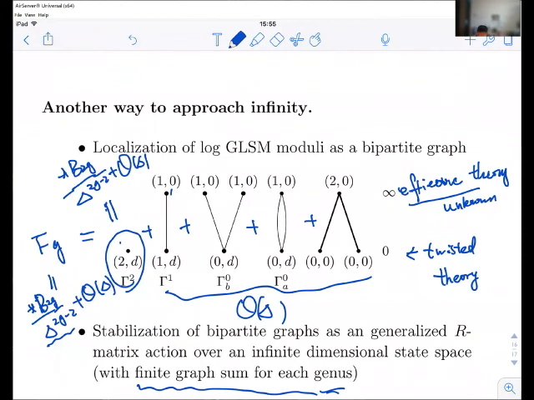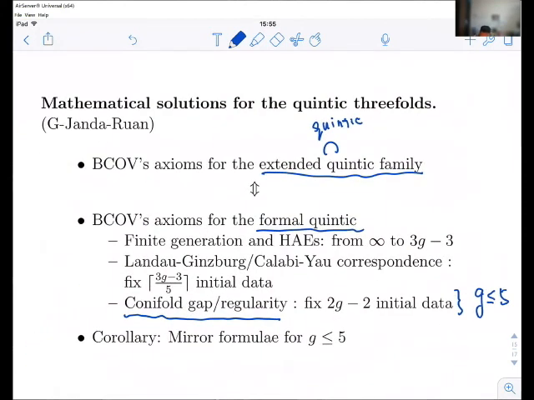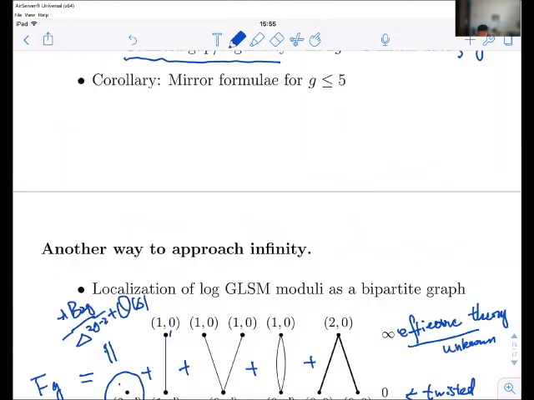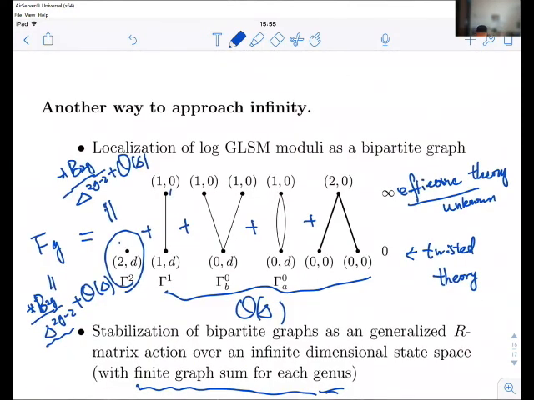Anyway, for this BCOV axiom, using this correspondence, we can prove the first part, the second part, and the third part up to genus 5. And we are very interested to know why this holds in general, and we hope to have some progress in the future.